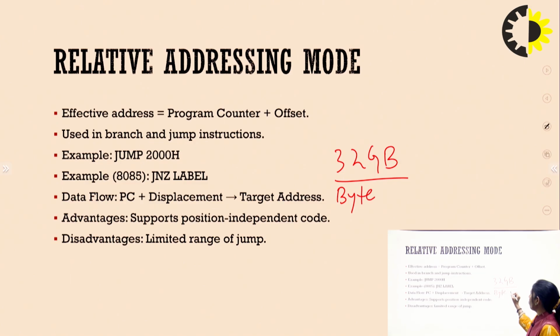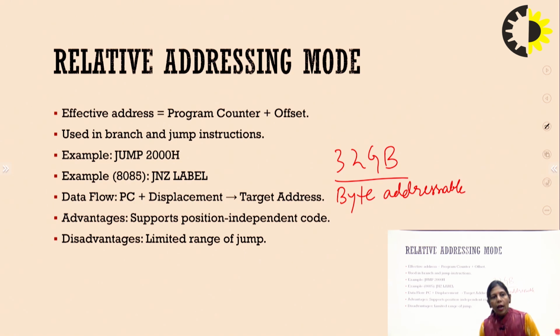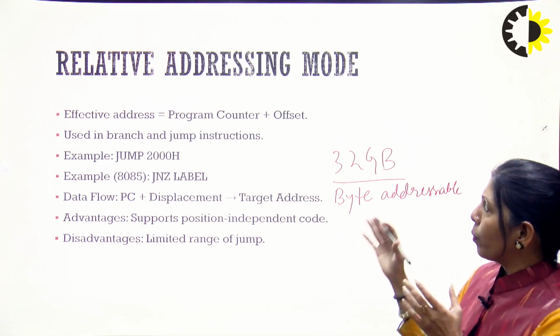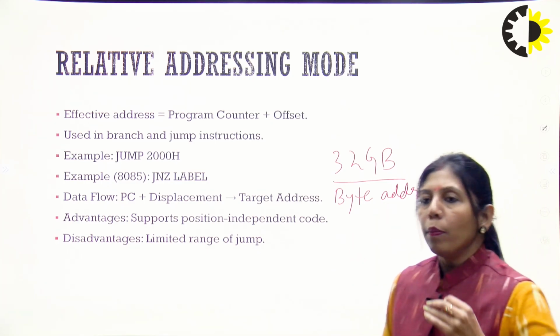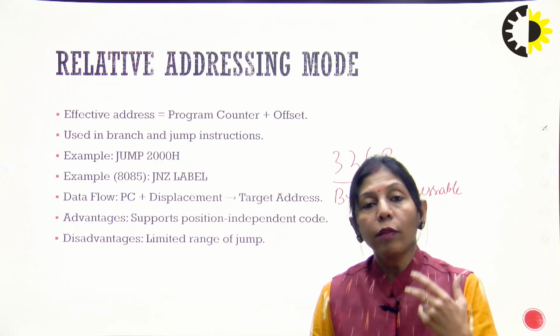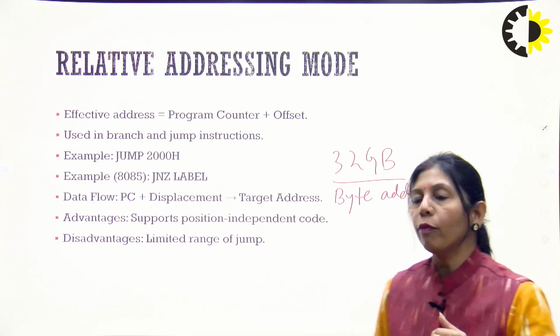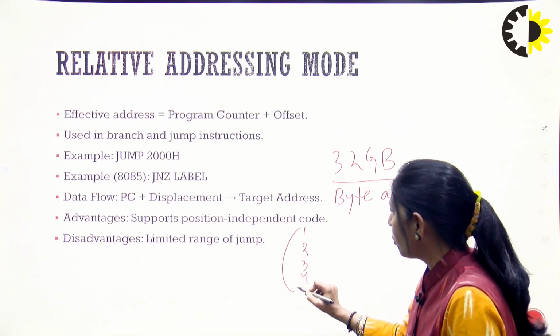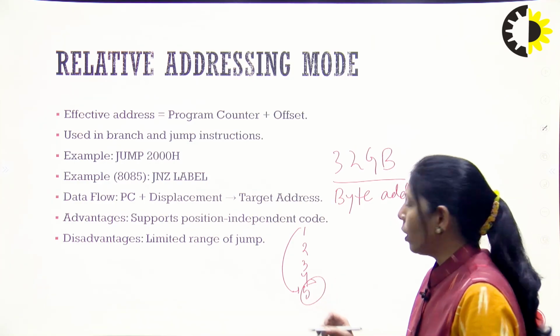I am talking of byte addressable memory. In byte addressable memory, if each word is 4 bytes, then our program counter must switch to the 4th location, or we can say the 5th location after counting the 4 bytes. 1, 2, 3, 4, it needs to jump to the 5th location.